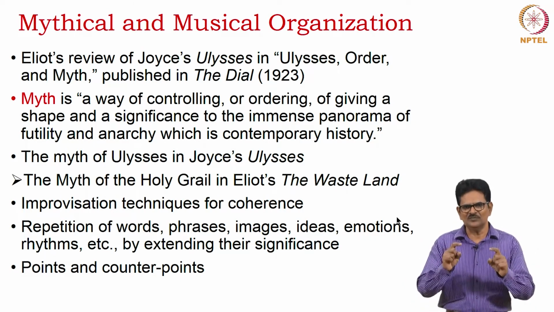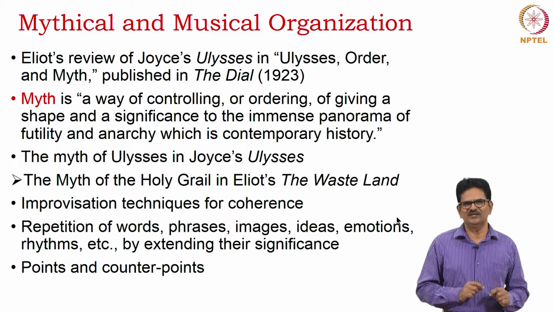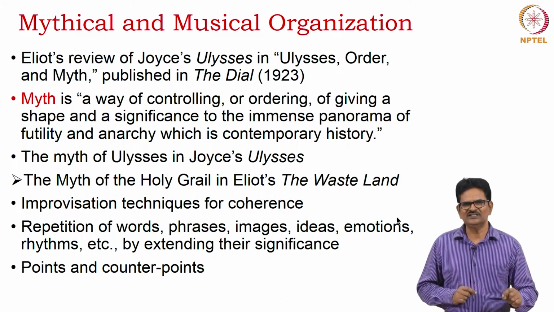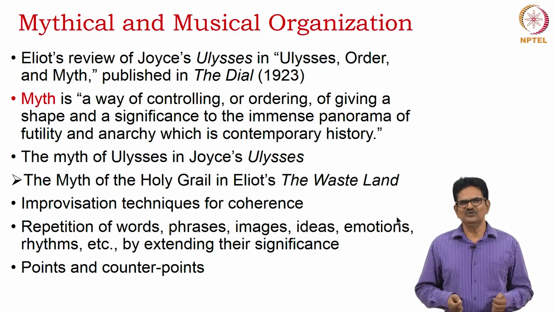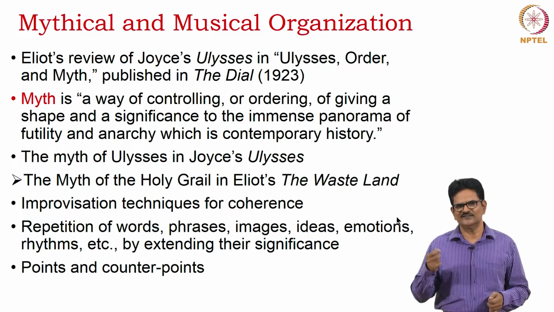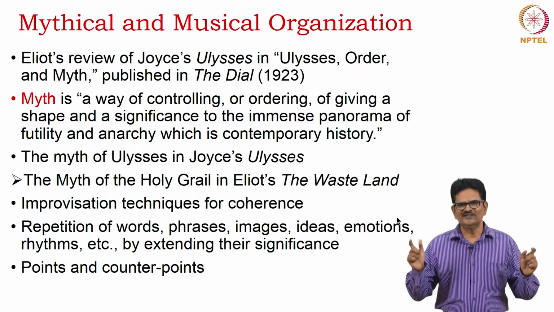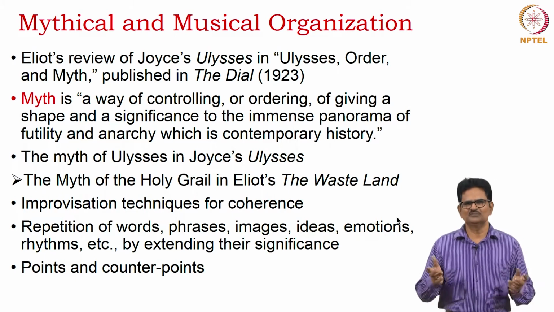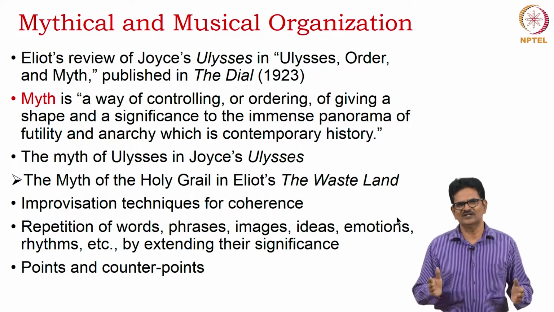We have some organizing principle identified by Eliot, that is called mythical and musical organization. Eliot wrote a review of James Joyce's novel, another modernist novel, Ulysses, in an essay, Ulysses, Order and Myth, which was published in the magazine called The Dial.